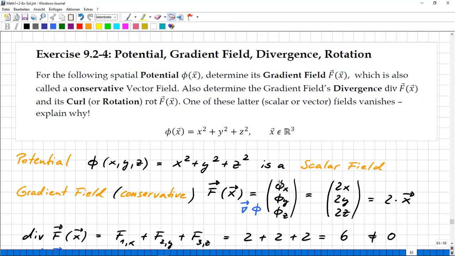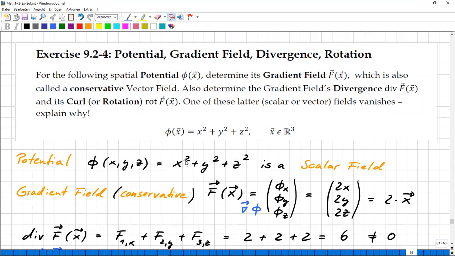So it means for the first component of this vector field, you have to take the partial derivative for x, then for y for the second, and then for z for the third component, always referring to the original scalar function. So this is easily done. We all know that. Now remember how to take the partial derivative here.